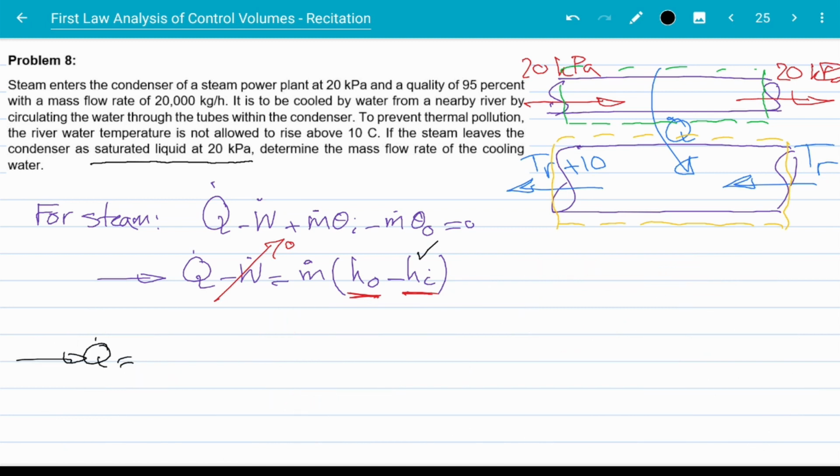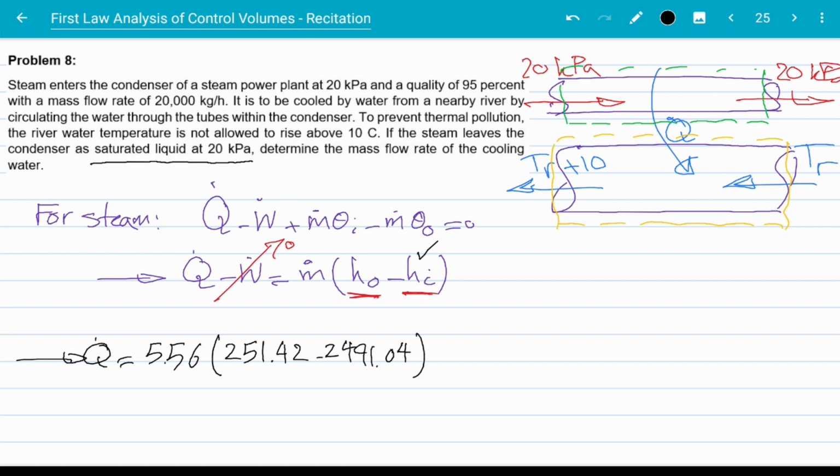So Q dot is 5.56, my mass flow rate, times 251.42 minus 2491.4.